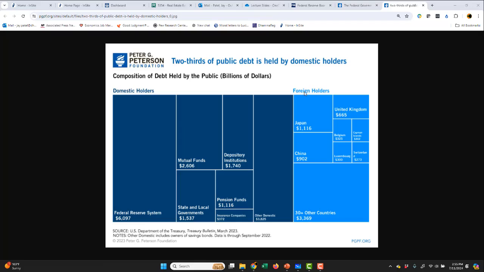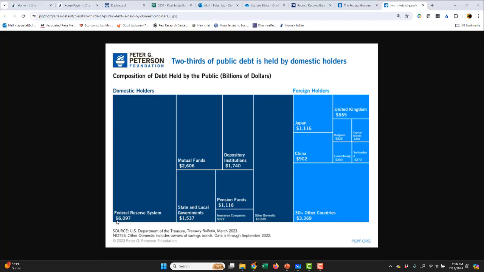Okay, so these are all the people that are financing our government who have lent money to our federal government to pay for our Department of Defense, Social Security, Medicare, all the federal government expenditures. What we haven't been able to pay for with taxes, we've had to borrow. And here are all the people that have lent to the federal government.